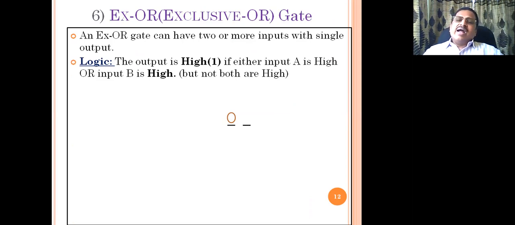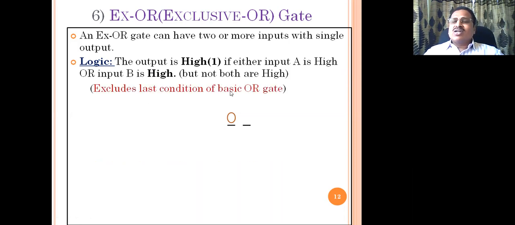See here, its output will be high if A is high or B is high, but not both high. It is an extension of the OR operation. Only when one of the inputs is high does output go high, not for both high like in OR, which excludes the condition of OR, hence it is called the exclusive OR gate. It excludes the last condition of the inclusive or basic OR gate, right?